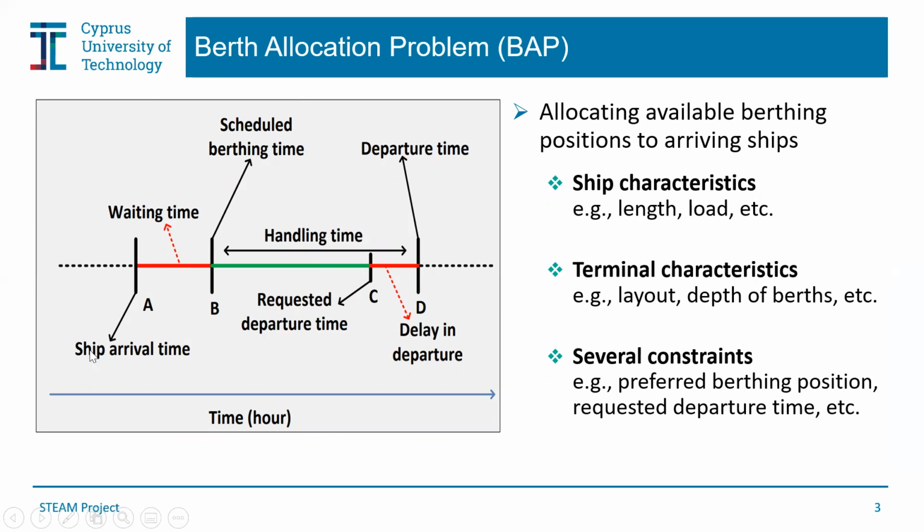For example, if any ship arrives at point A, and this ship starts working at point B, the difference between points A and B is known as waiting time. And if it starts working at point B and the requested departure time by the vessel's company is point C, however, the vessel completes its task at point D, the difference between points C and D is delay in departure time.